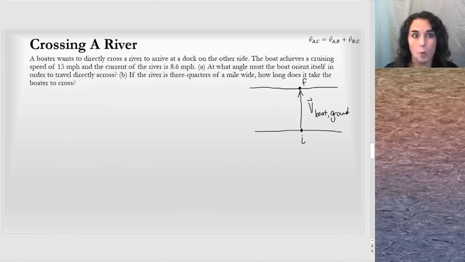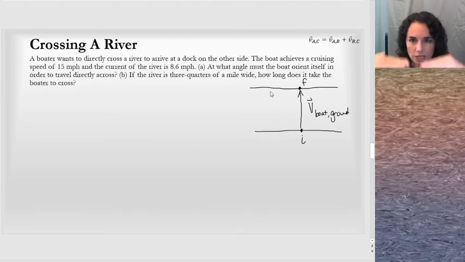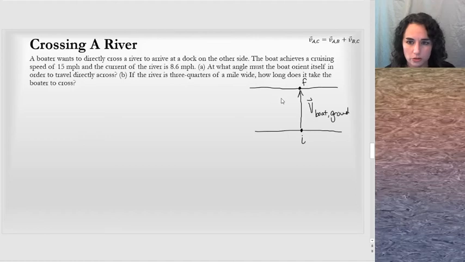What it will need to do is orient itself up the river in order to counterbalance the current pushing it down the river. That makes sense. In order to counterbalance, you have to go against the current. And if you go against the current as much as the current is pushing, then it'll go straight across. So that gives us our other two vectors.